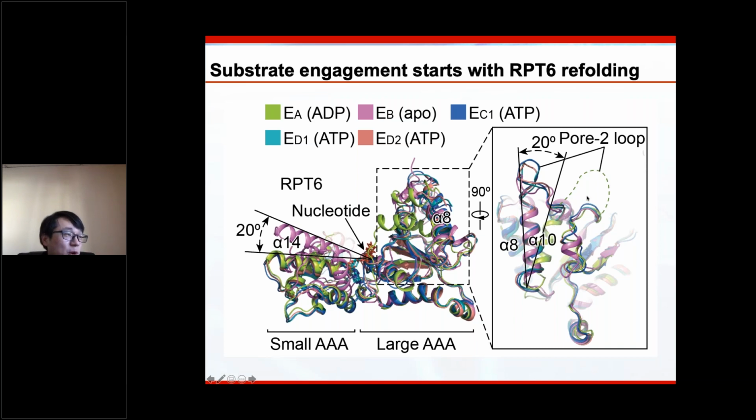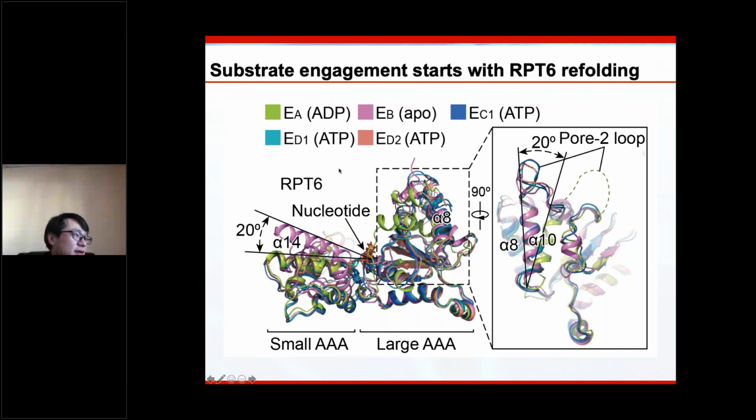So apparently after the nucleotide is released from RPT6, this slightly disordered region transitions into a well-ordered structure. Also, you can see parts of the other structures also refold. So that's a very interesting and prominent feature.